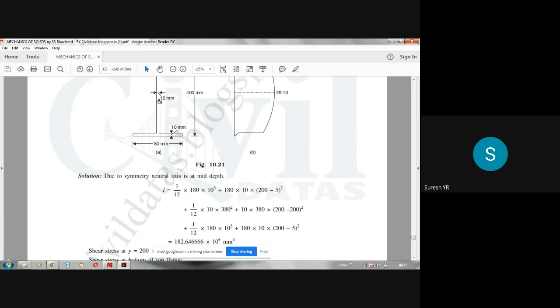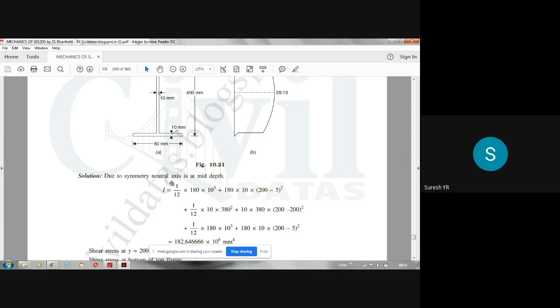That is the moment of inertia of this portion. Plus the moment of inertia of this bottom rectangle will be similar to the top rectangle. This is 180, please make that correction. So B D cube by 12, 180 into 10 cube divided by 12, plus area 180 into 10 into the distance between the neutral axis and the CG of this, which will be once again 200 minus 5, square.